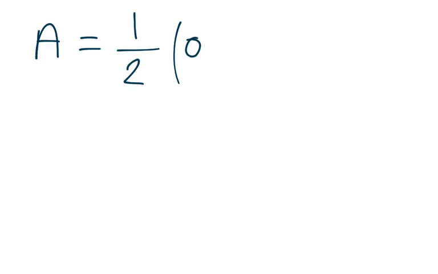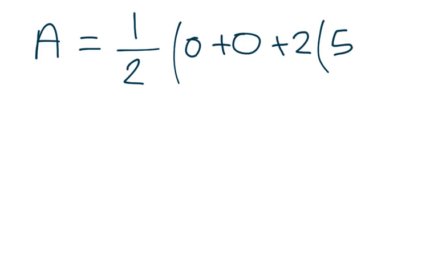So moving on to complete our values, we have an area equals 1 over 2 times 0, because that was our first term in the table, plus 0, as that was our last term in the table, plus 2 times all the other terms in between.